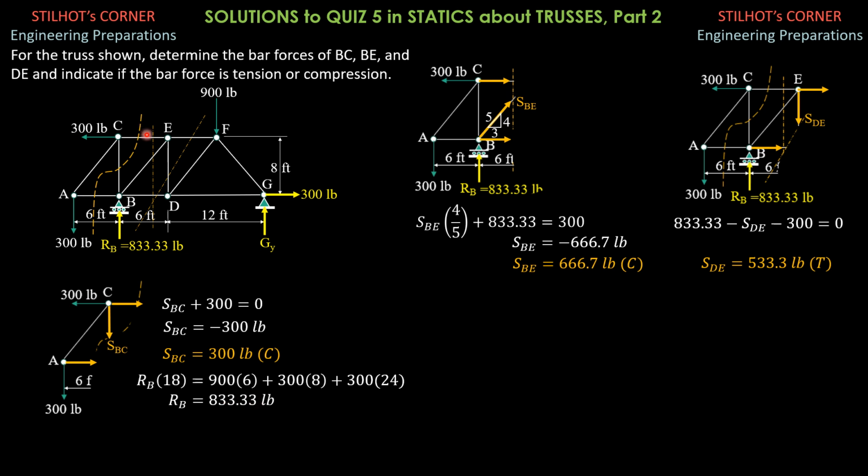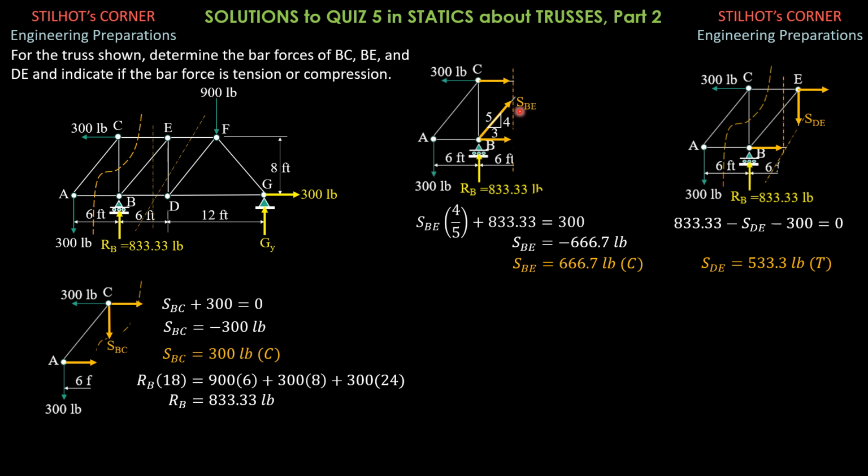We then draw the free body diagram of all forces to the right of this section, and this is now the free body diagram. We have CE, we have BD, and this is BE, SBE. The slope of BE would be 6 horizontal, 8 vertical, which is reducible to 3 horizontal, 4 vertical, so 5 hypotenuse. Again, so that all these two members here won't be involved in the static equation, we have to sum up forces vertical.